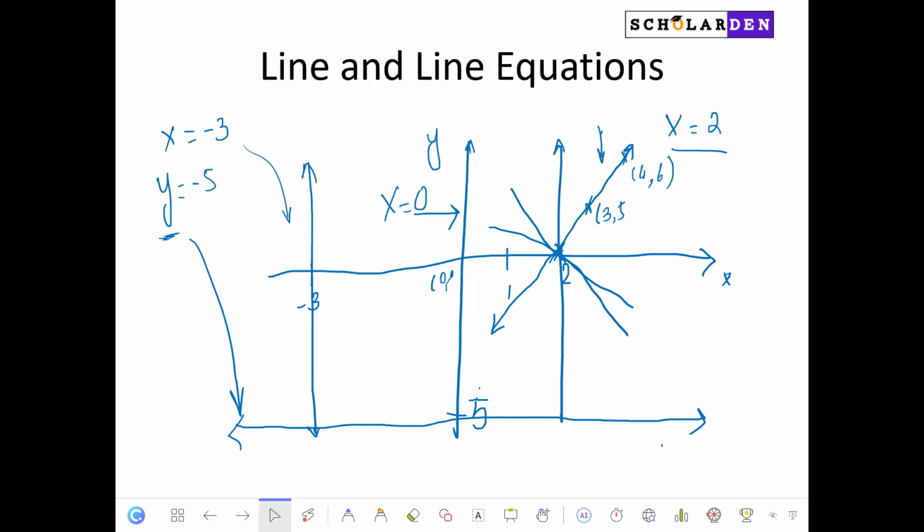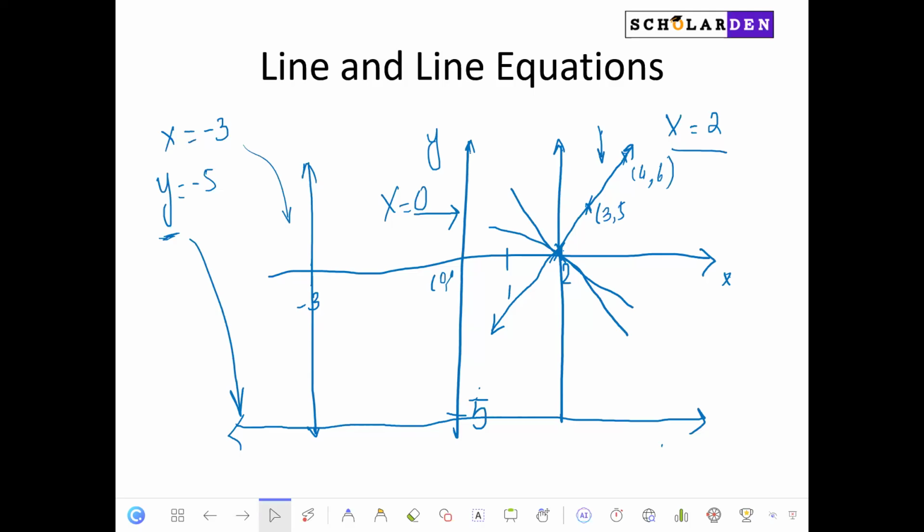Okay, coming back to our question: the mathematical expression for the y-axis. If we go along this y-axis, the value of x remains 0. So the mathematical expression that governs the y-axis is x equal to 0, because when you're moving along this line, all the values of x are 0.